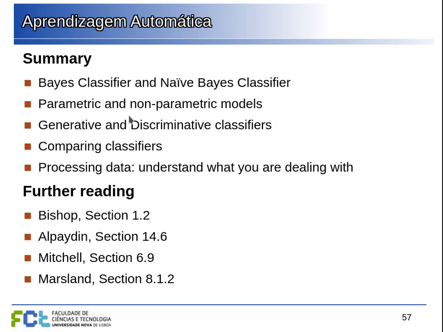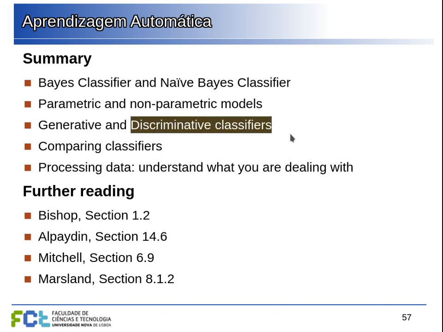Naive Bayes and Bayes classifier are generative classifiers, because since we are estimating the joint probability distribution, we can either go from the features to the class or from the class to the features and generate new points. Classifiers like logistic regression are discriminative because they only give us conditional probabilities of the class given the features.